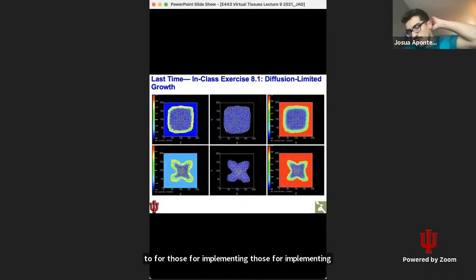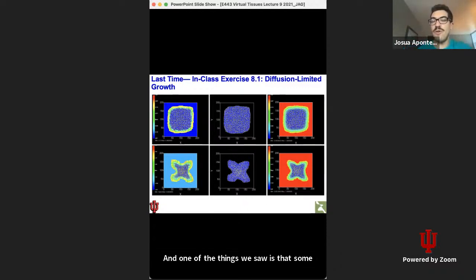One of the things we saw is that the morphology of the cellular blobs, if you want to think about this as tumors, is going to be dependent on the specific mathematical form we choose for limiting growth.